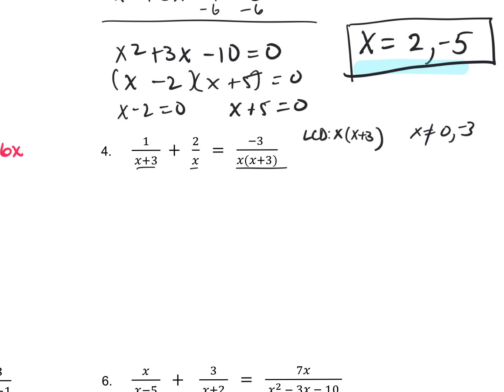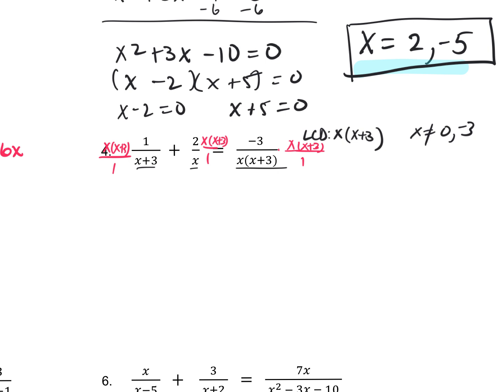So now what I want to do is multiply everything by the LCD. So x times x plus 3, x times x plus 3, and then x times x plus 3. Now just reduce, cancel.